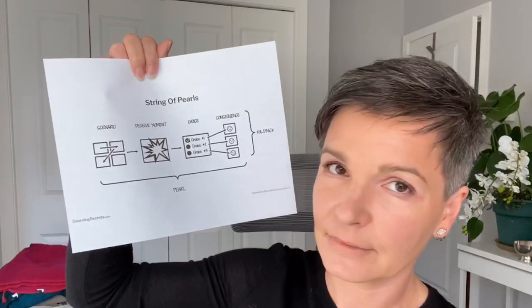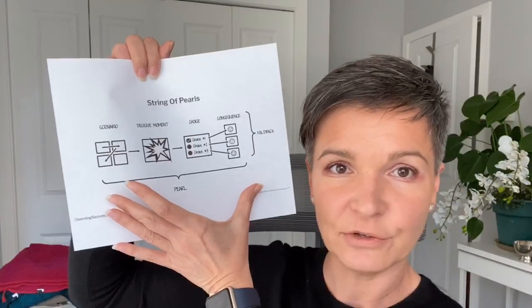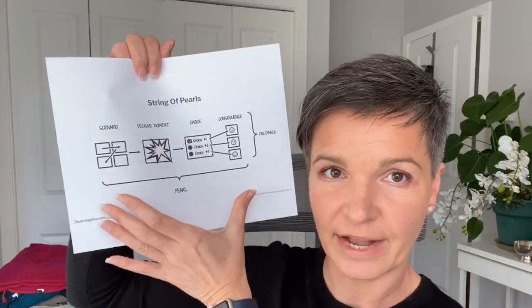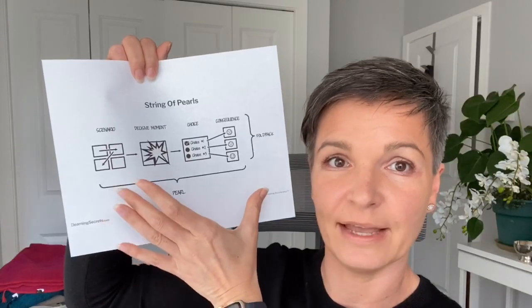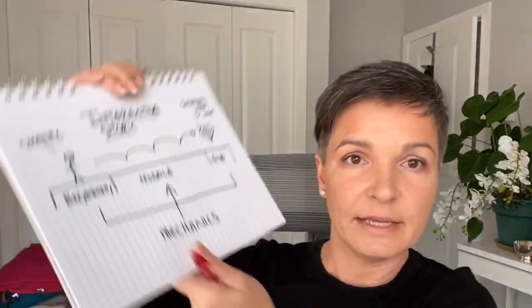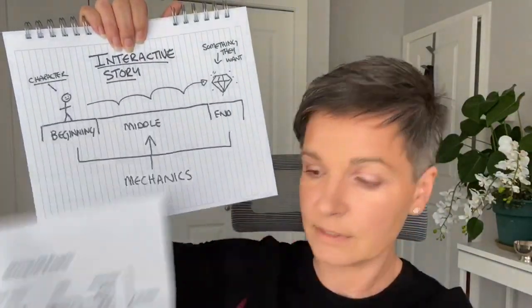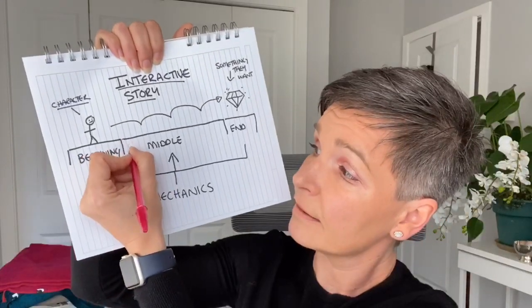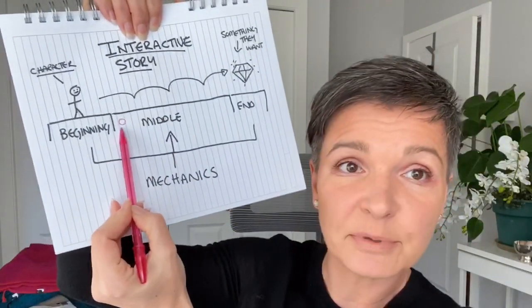So, the string of pearls. This is a framework that you'd use to craft a single interaction where your learner needs to make a decision. Now remember, and I'll make this very clear here, in your interactive story, the pearl is this particular piece right there.